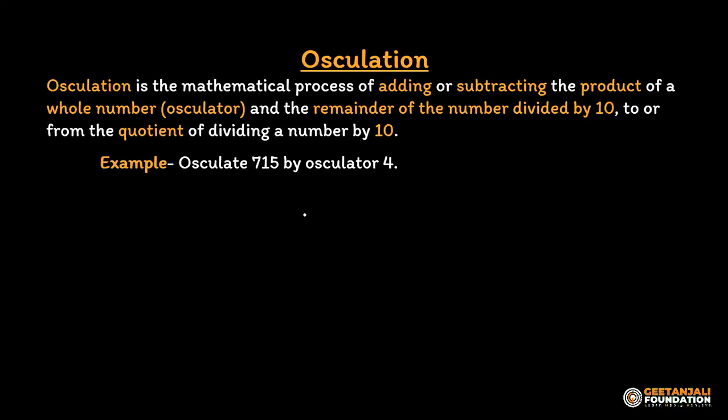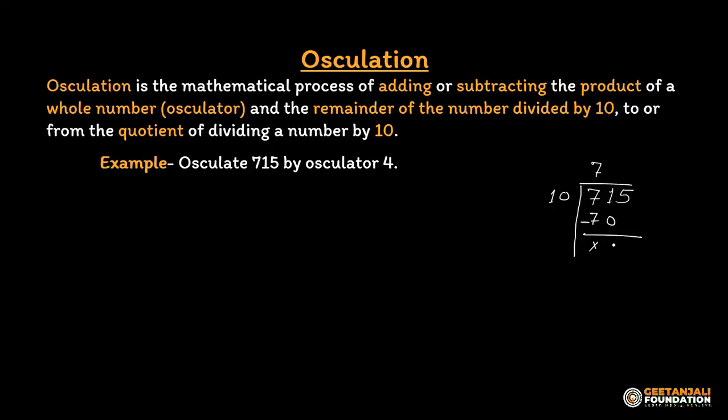Osculate 715 by osculator 4. So here the osculator is given, but what we need to find is the remainder of the number divided by 10 and the quotient of dividing the number by 10. So when we divide 715 by 10, what do we get? 10 sevens are 70.